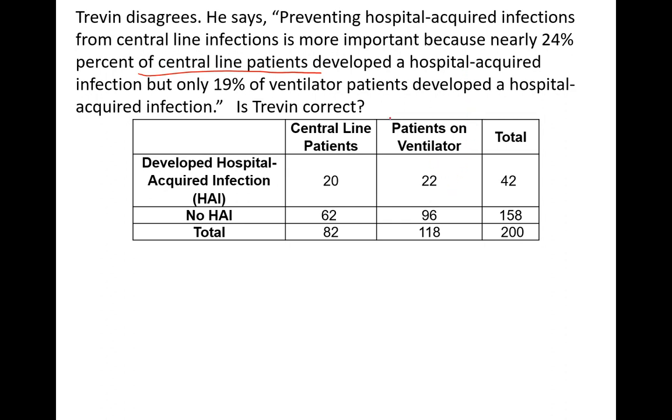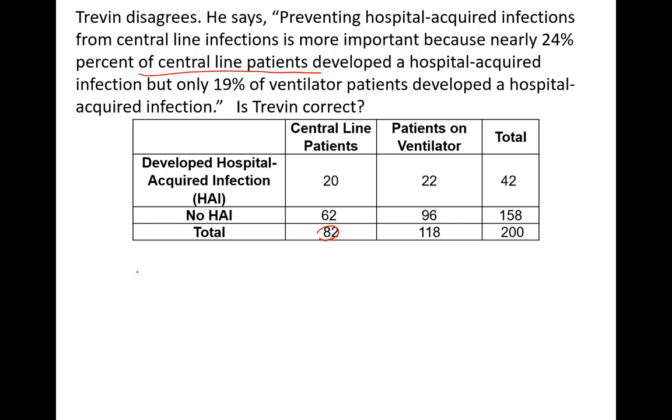So in this case, for this first statement, central line patients is our base. There were 82 of them. How many got an infection? 20. Notice you're always going to be comparing usually either to the total sideways or to the total down below.